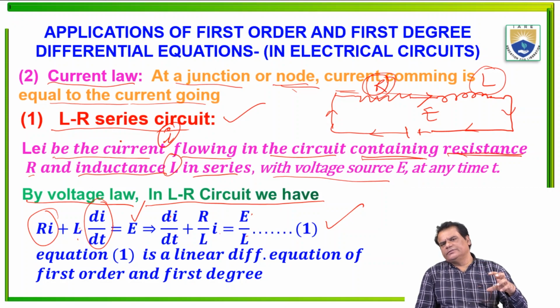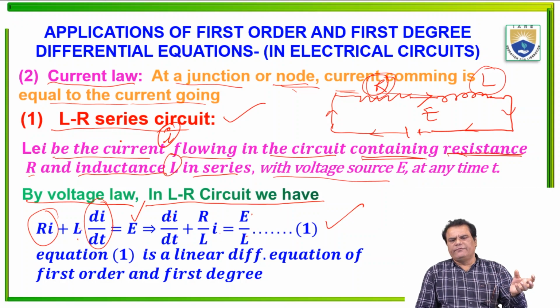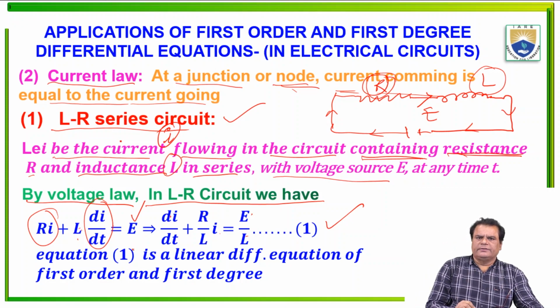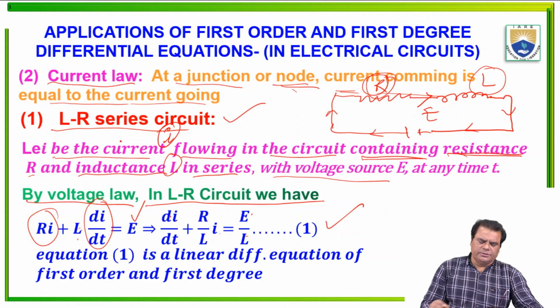In our circuit we have taken two components, resistance and inductance, and current flows through these two components R and L. Then the sum of voltages is equal to the total electromotive force. So Ri plus L di over dt equals E. Dividing by L in each term, we get di over dt plus R by L into I equal to E by L. This is equation 1.